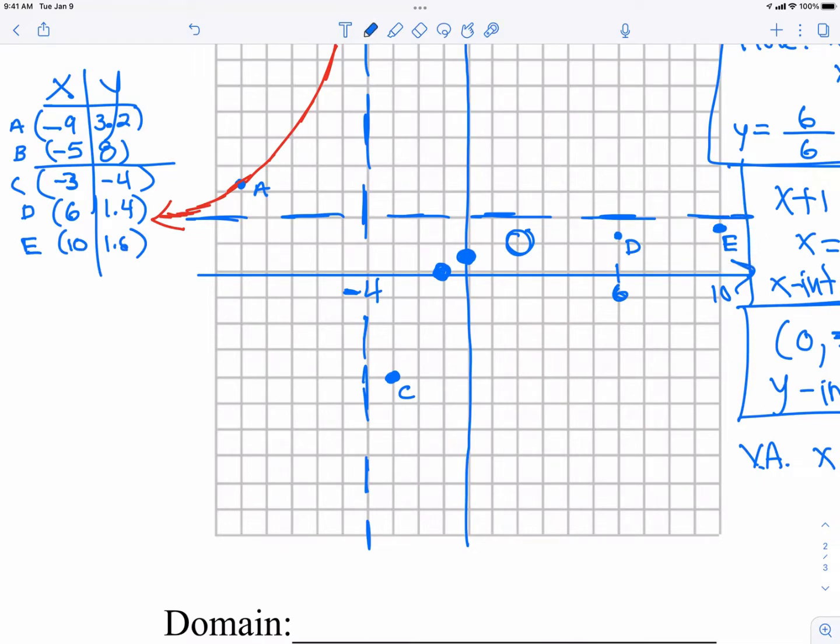I know the graph has to pass through all of these points. So it's going to be close to vertical as it gets closer to the vertical asymptote, passing through point C, the y-intercept, passing through the hole, passing through point D, and also point E, and then leveling out as it moves further and further towards infinity.